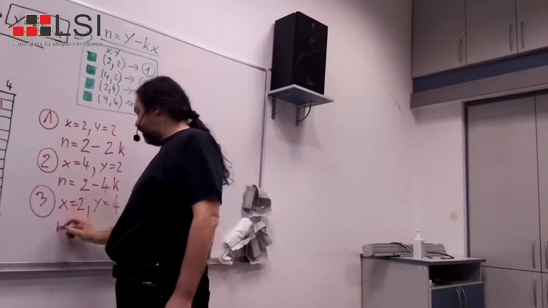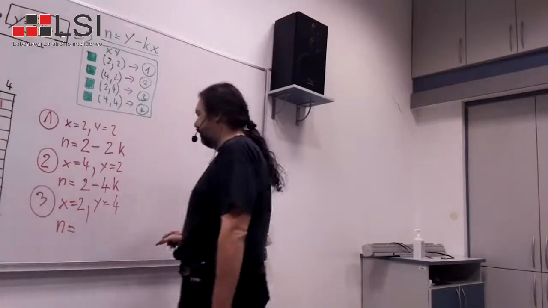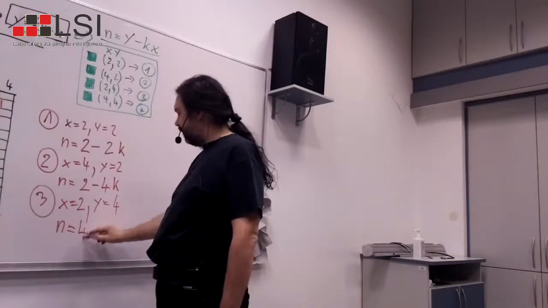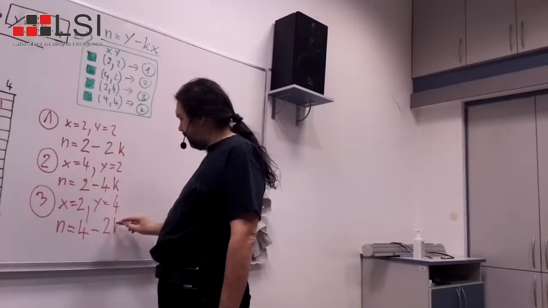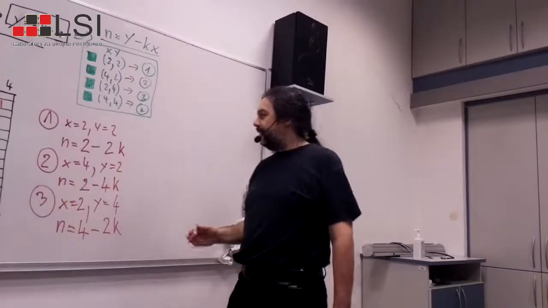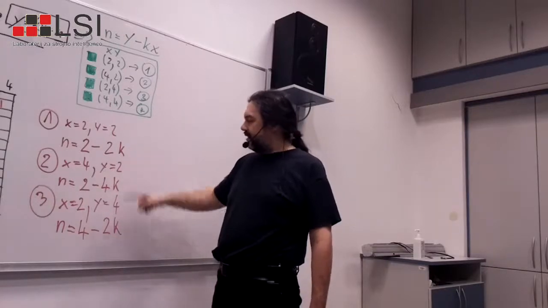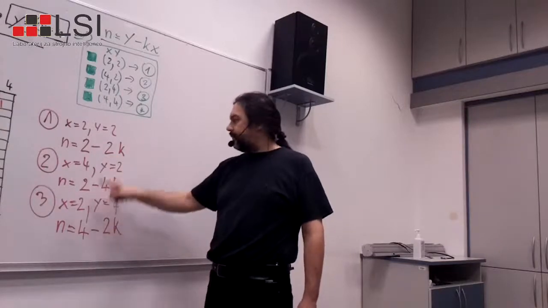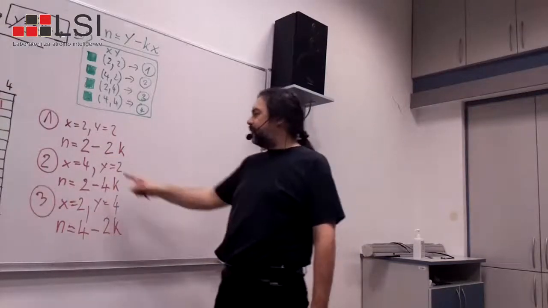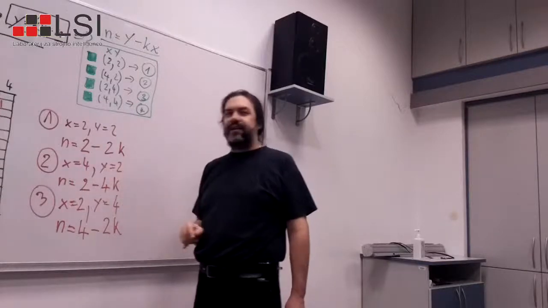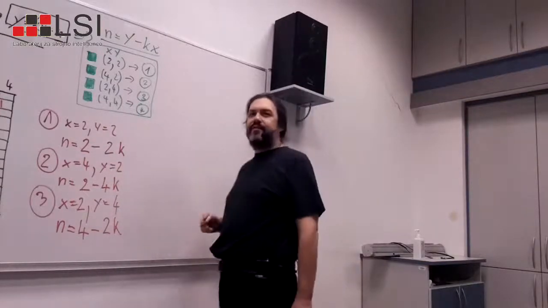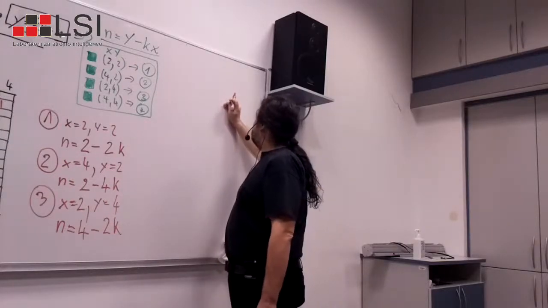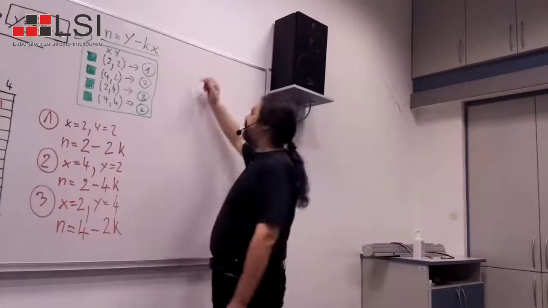The equation will be y is 4 minus 2k, and you can immediately see that this is very similar to the previous one. It just has an offset of 4 instead of 2. So we can expect that this one will look very similar to the first line that we made. But just for the sake of teaching, let's write it out.